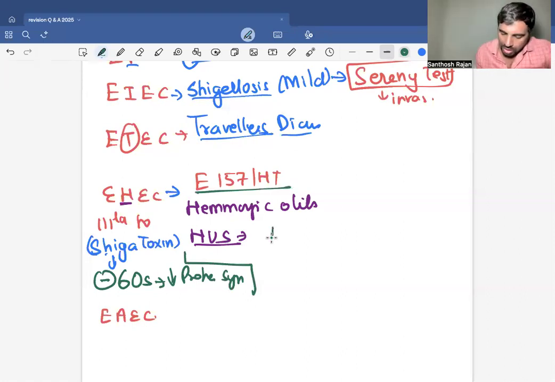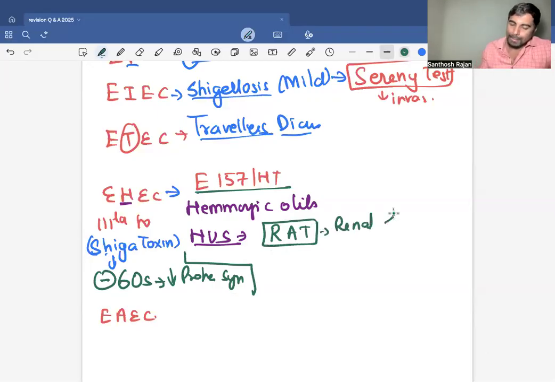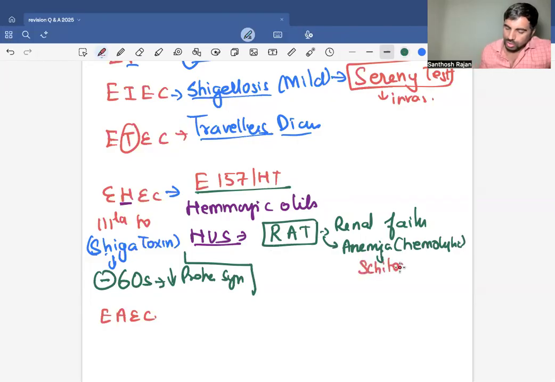In HUS, the main shortcut to remember is RAT. R for renal failure, A for anemia, especially hemolytic anemia. Because of the hemolytic anemia, you have schistocytes, the broken RBCs.